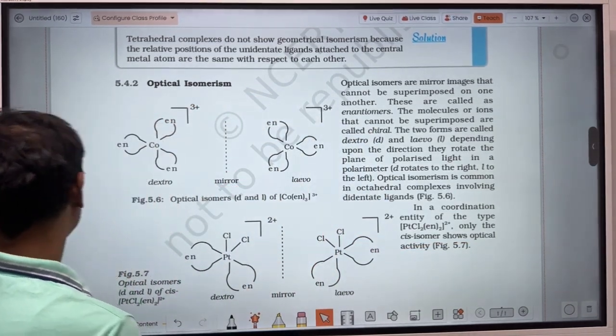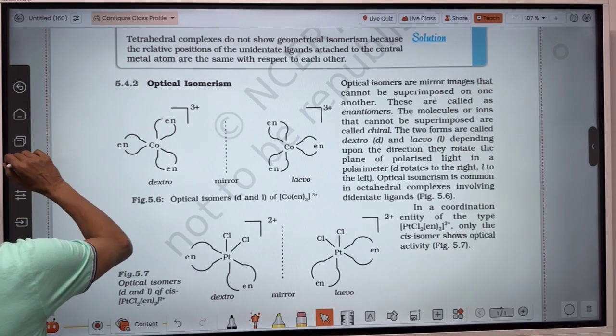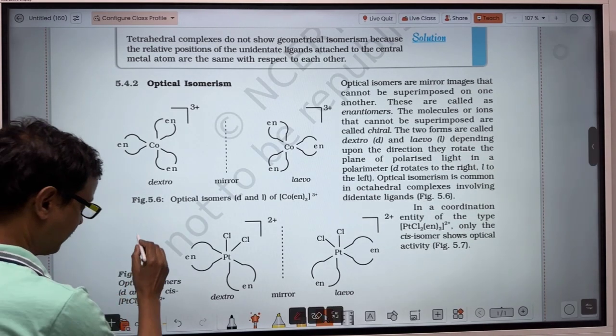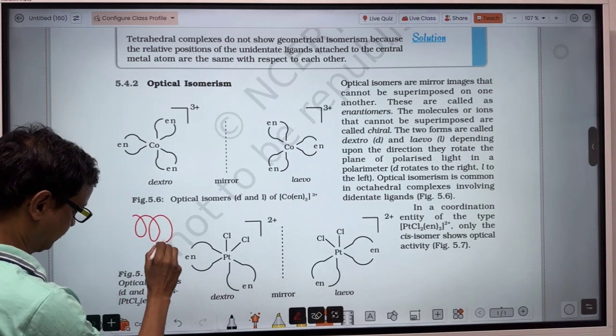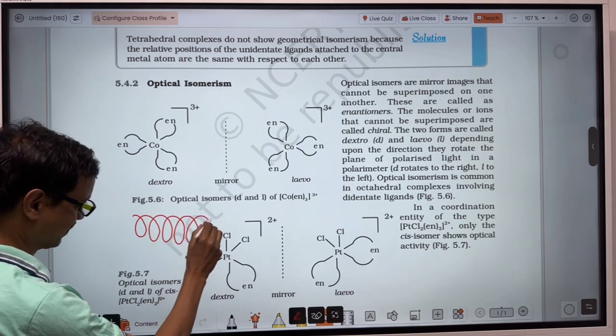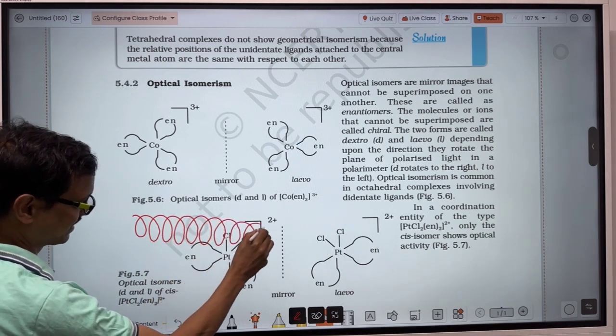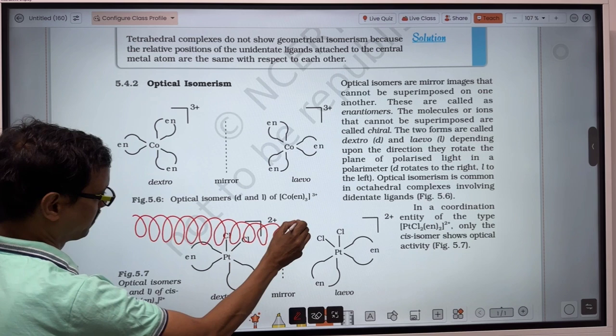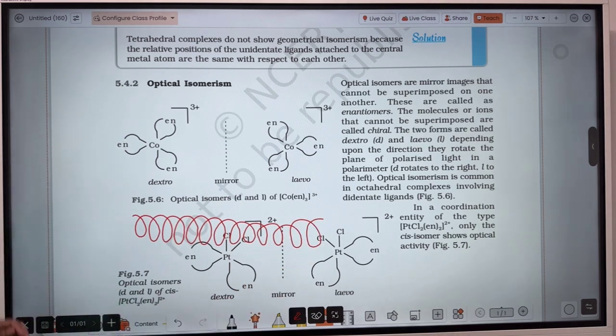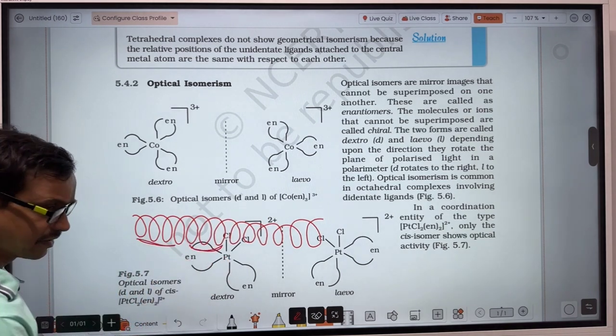Consider a spring like this. Here drawing on the whiteboard is difficult. So what happens in the spring when you compress it on this side? Here it will be denser and this portion here will be rarer.